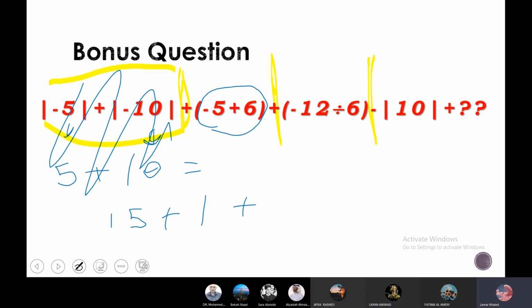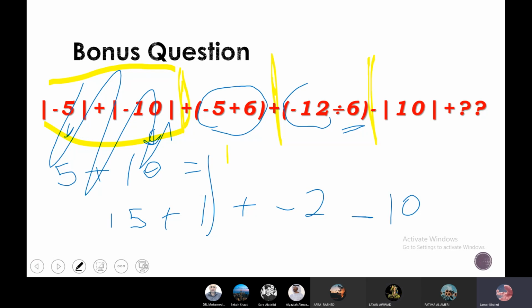Negative 12 divided by 6. We have different signs, so 12 divided by 6 is 2, and the answer is negative 2. How about the absolute value of 10? It will be just 10. Okay, so first of all, 15 plus 1 will be what?